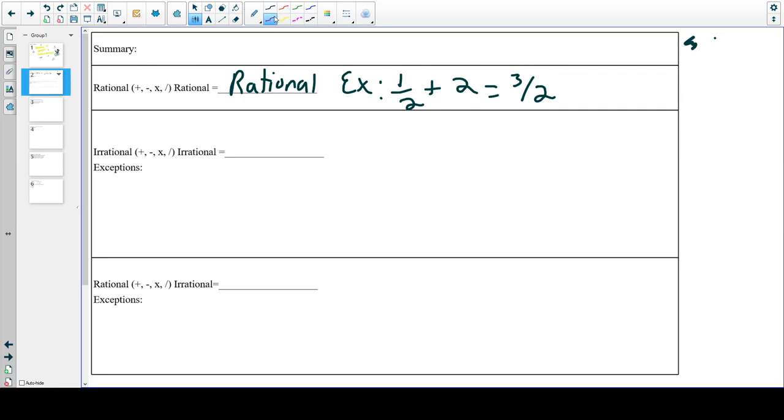Okay? It gets a little iffy when we're talking about two irrational numbers. The exceptions I'm actually going to write over here. So generally, I can say this many times, generally, the outcome is going to be irrational.